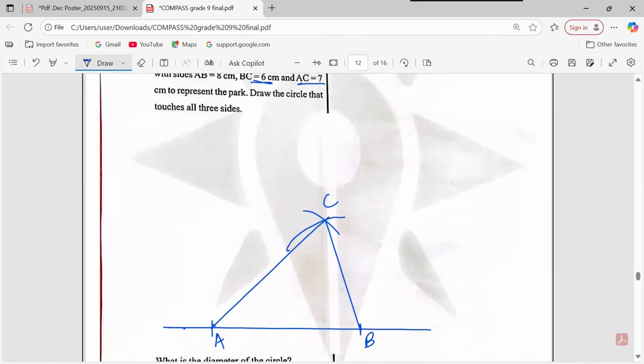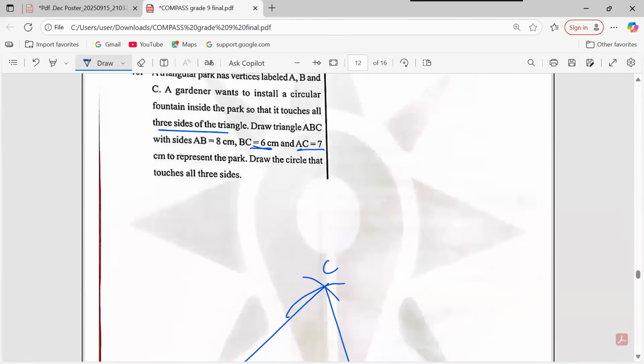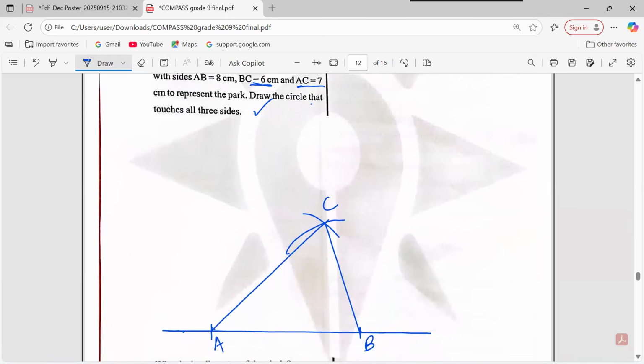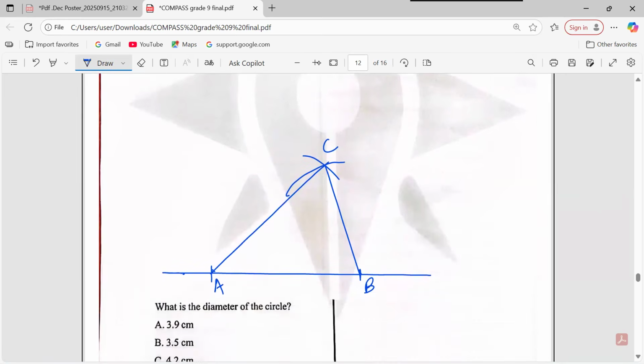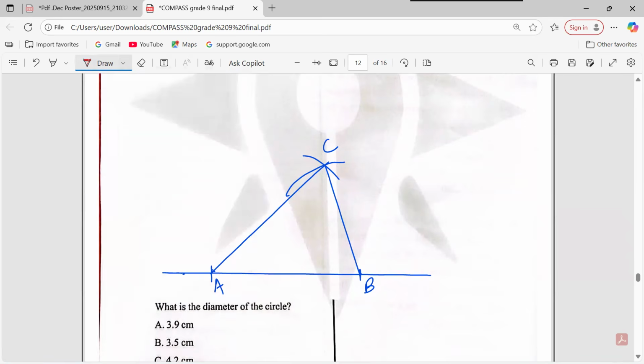Then now we proceed to check. We are drawing a triangle. Then we also draw the circle that touches three sides. So for a circle to touch three sides, we bisect the angle between the sides. So we stand at A, we bisect the angle there. We produce the line so that the angle is bisected.